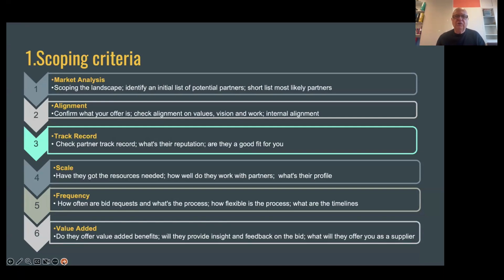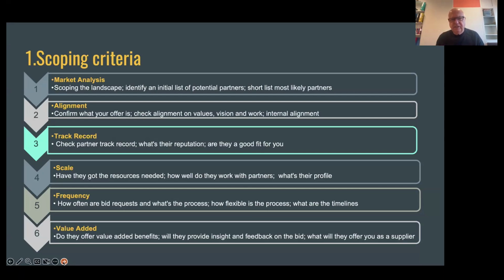The third thing you do is what we call due diligence. Most grantees will have a dedicated website. You'll be able to check out their track record and their reputation, and then you can decide if they're a good fit for you. You'll be checking out them. They will be checking out you.